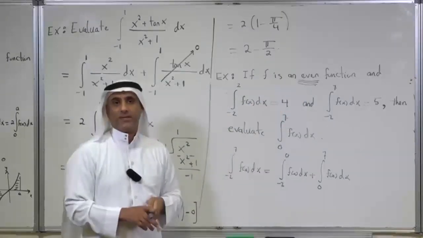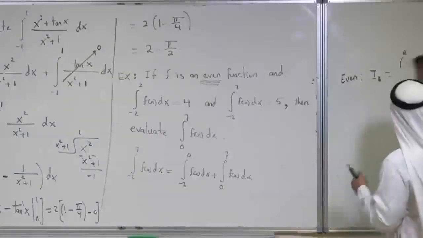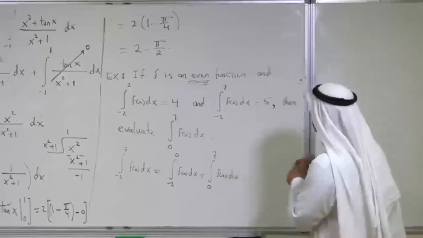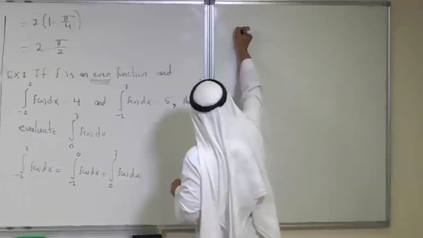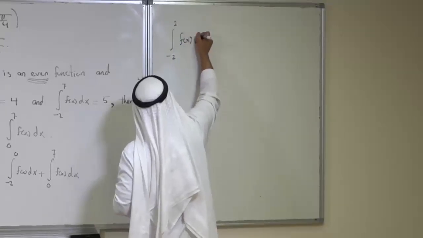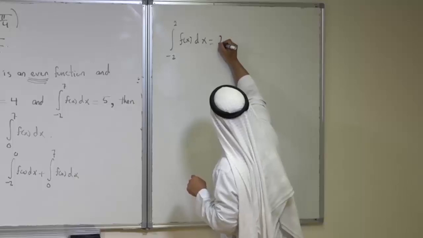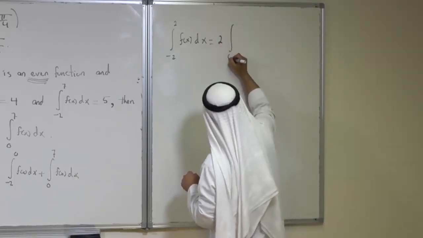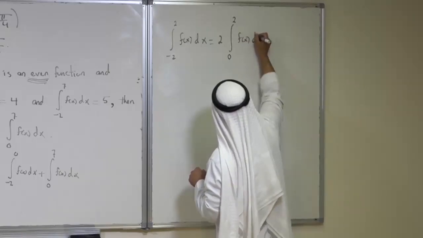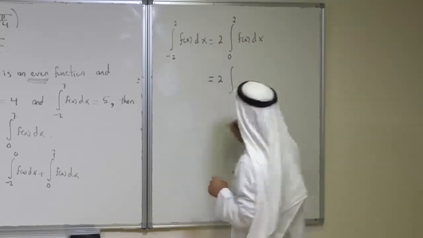The even property. From what we have, the integral from -2 to 2 of f of x dx equal to 4, I can write it as 2 times the integral from 0 to 2 of f of x dx, but I know also that this is equal to 2 times what?